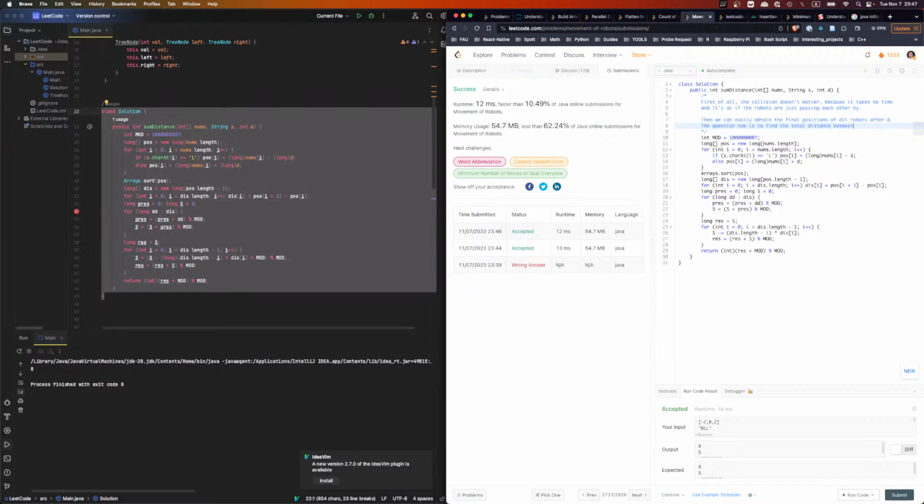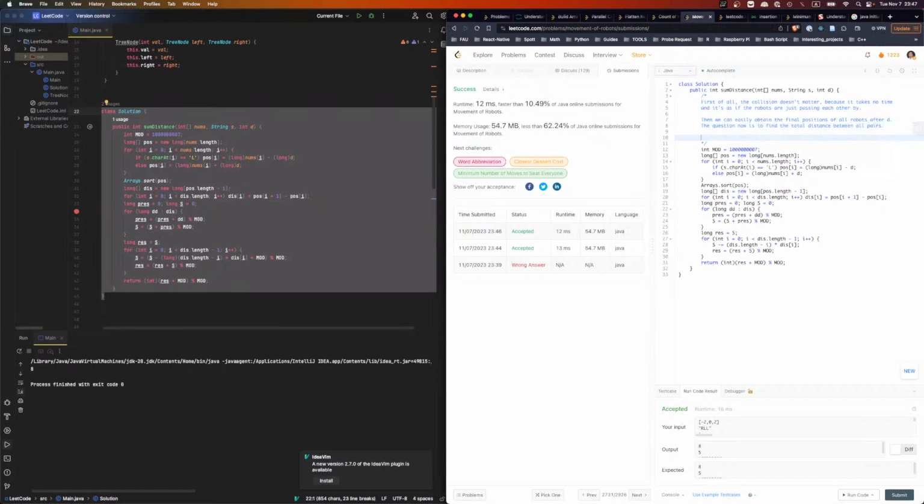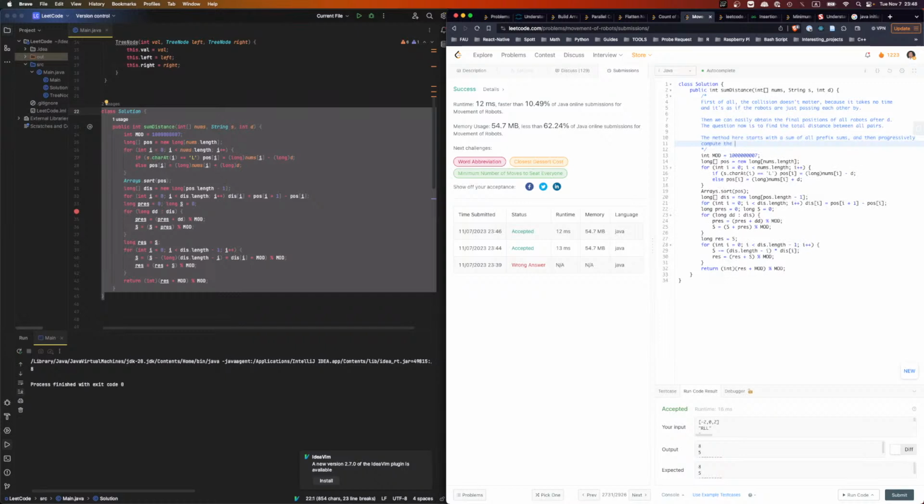Now the method here is you can call it prefix sum. Start with a sum of all prefix sums, and then progressively compute the distance for each, starting from each robot going to the right.